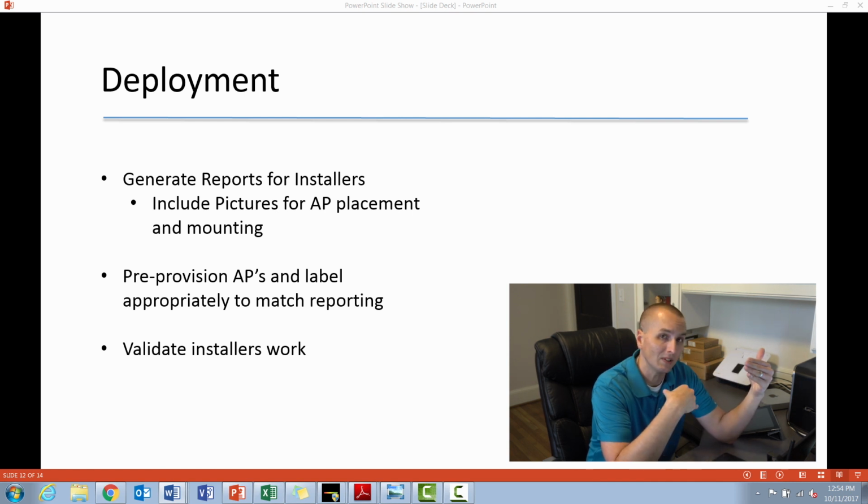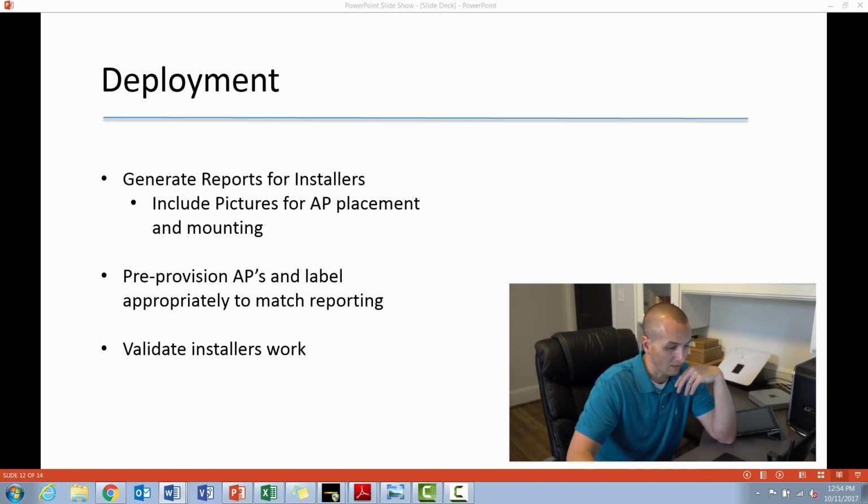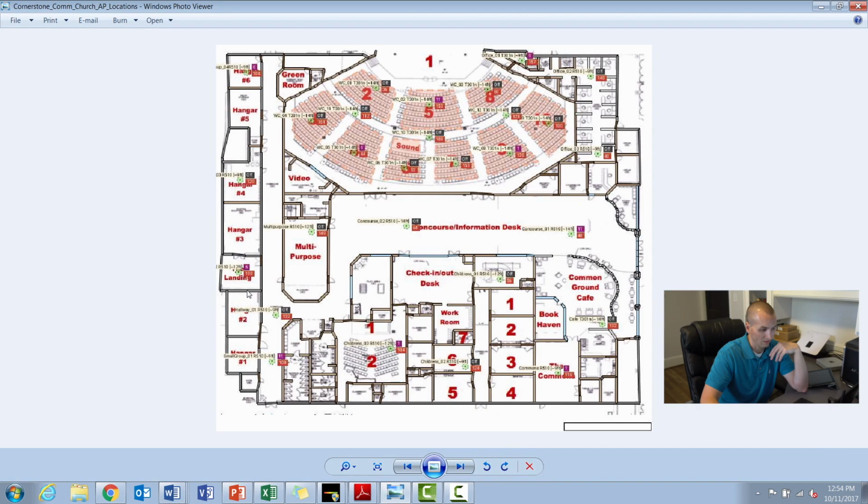I'm doing all that pre-provisioning ahead of time so that when I hand that off to the installer, I'm handing him a report that has something as simple as, let me show you this picture. The resolution isn't great, but he's able to know exactly where the APs are going. He's got pictures, he's got labels on Ekahau that match the labels that I've placed on the APs. So he's got all the information he needs to take my design and put it into a real world deployment.